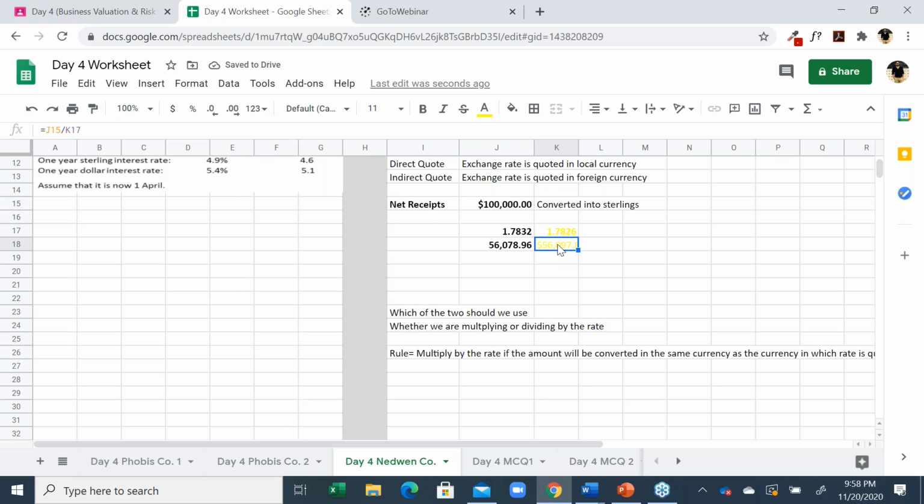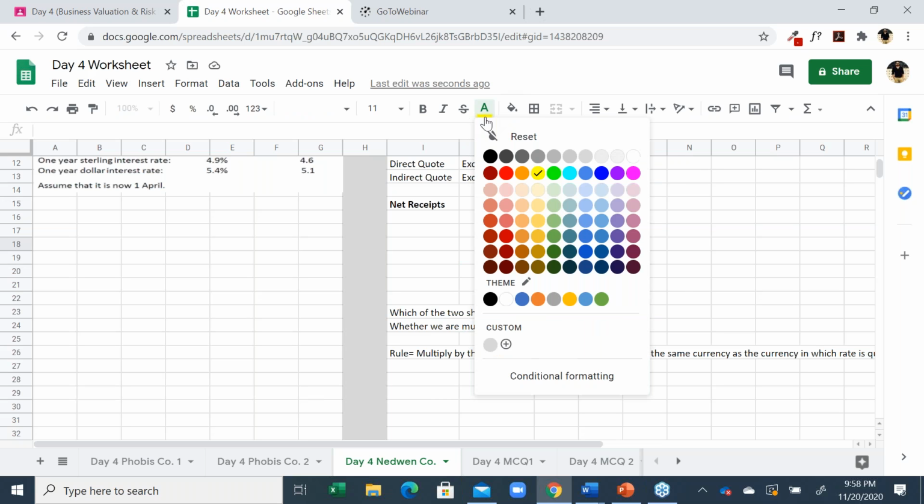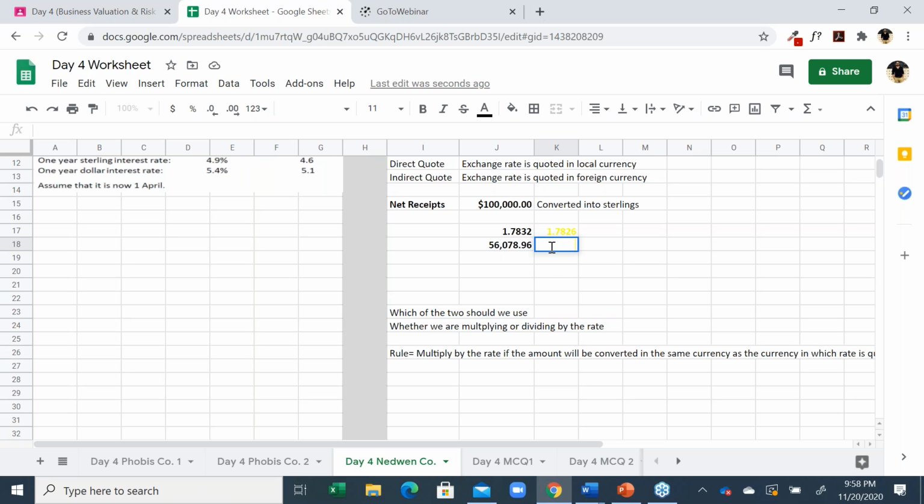So this is the amount that the company will be getting after 1 month's time if it goes for a forward rate contract. That is, it fixes the exchange rate with the bank.